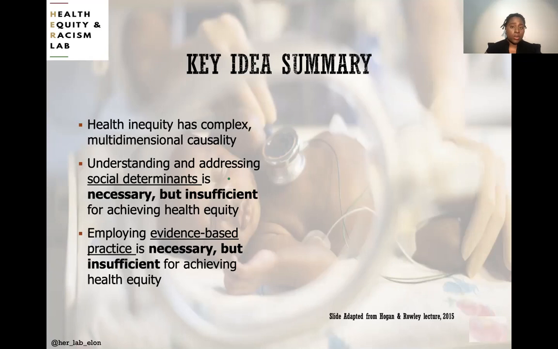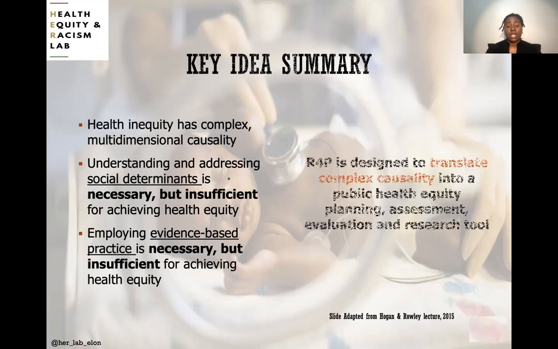We also know that employing evidence-based practice is necessary, but it is also insufficient alone for achieving health equity. The R4P framework across its 5 domains is designed to translate that complex causality that we know exists with health inequities into a public health equity planning, assessment, evaluation, and research tool.